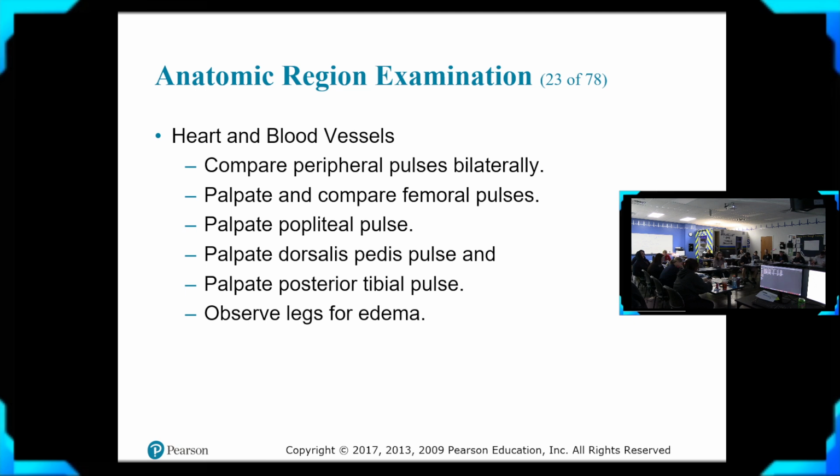One thing that we fail to do regularly is compare pulses bilaterally, especially in chest pain and breathing patients. That's something we should do. I don't typically check femoral pulses on live patients. You get a little personal with people typically, and they don't usually welcome it.